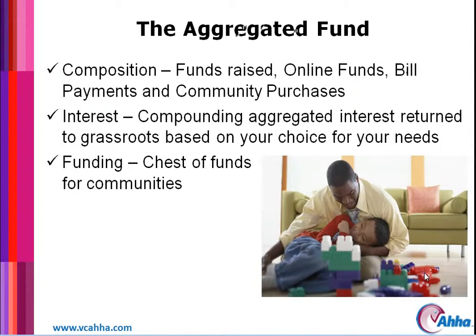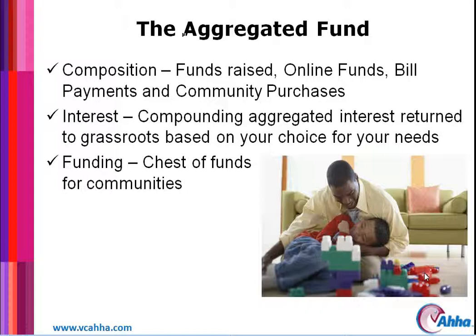So, as we've just mentioned, the aggregated fund consists of the funds raised, the money from your online funds account, the money used for payments and any other community purchases that you make.